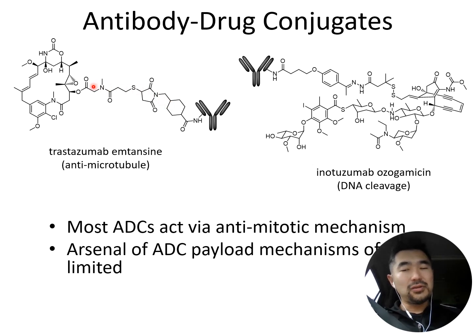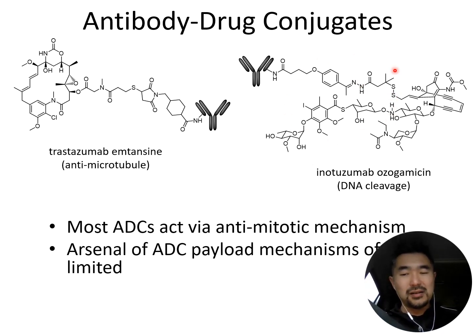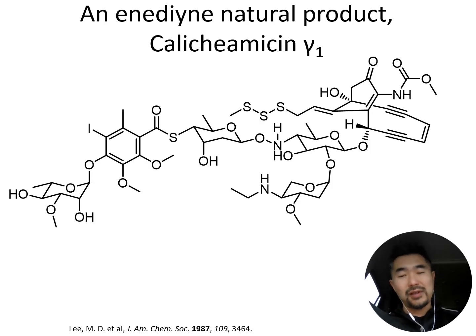Then you use linker chemistry that is designed to be cleaved once the ADC is internalized into the cancer cell to release the drug. Okay, so that's an ADC drug, and it's a type of prodrug.